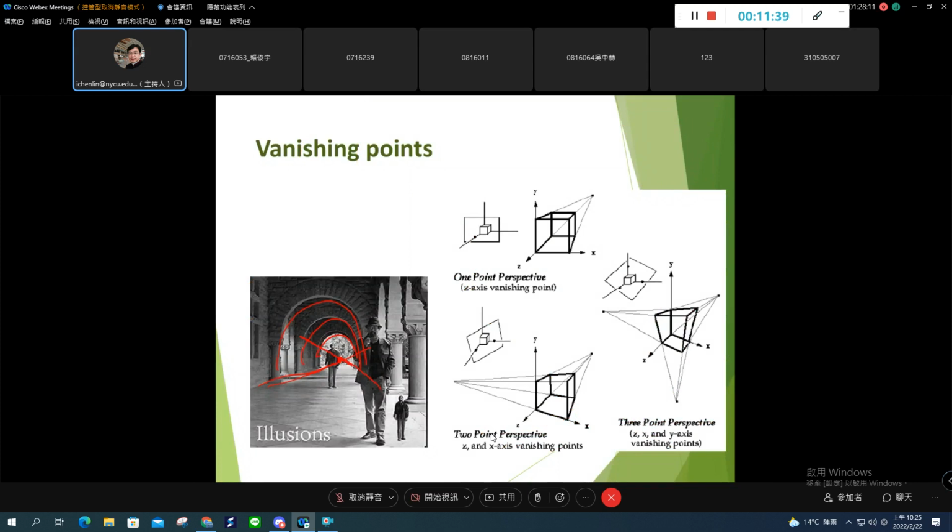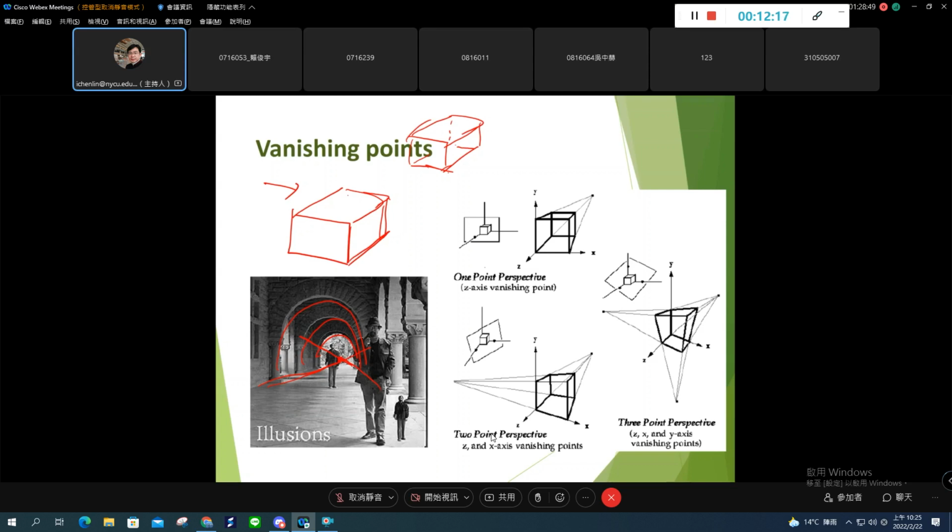During the Renaissance, artists found that if you would like to draw a box here, of course you can make the edges perfectly parallel in the drawing. However, it will not be so realistic, because when the box is at a distance from your camera, the edges should not be parallel either. So they had a trick to render those paintings.